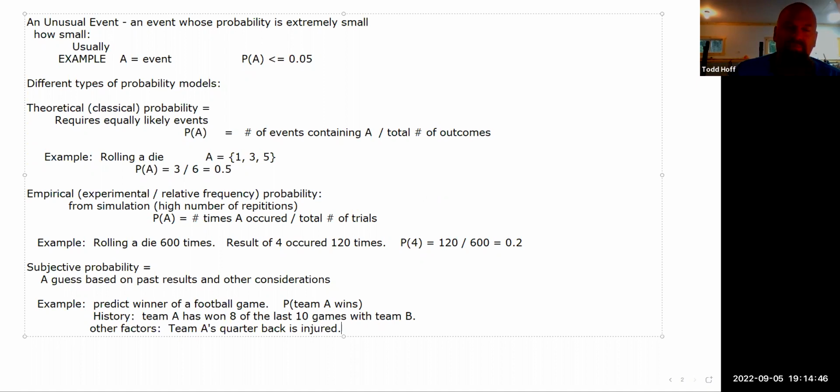There are some teams that never win a game if their starting quarterback is out. So that might really drop the probability of Team A winning from 0.8 down to maybe a 0.1 or a 0.2. That's subjective probability. We're taking all these factors and combining them, but how heavily we weight them is kind of subjective. We have to determine how big of a part they play in the overall probability.